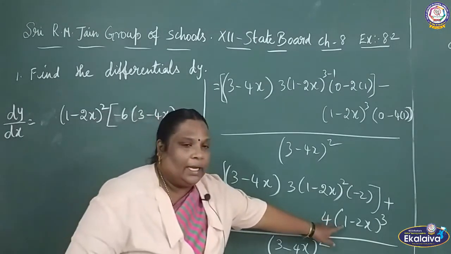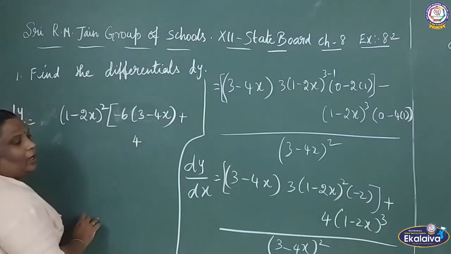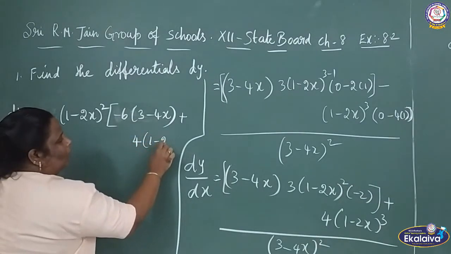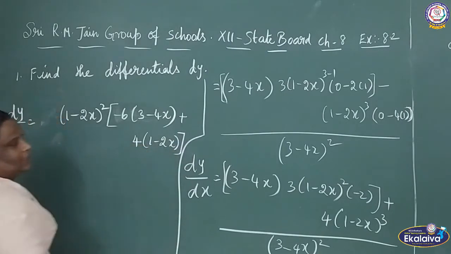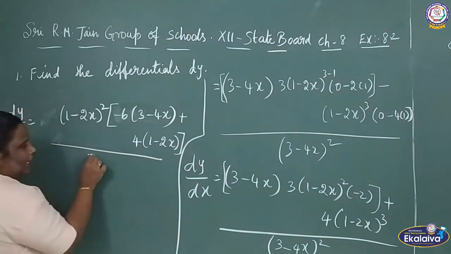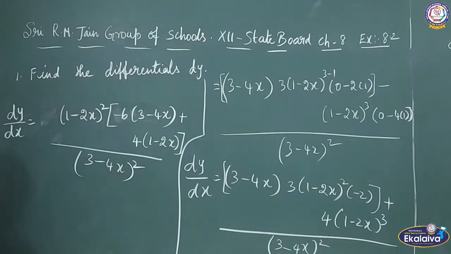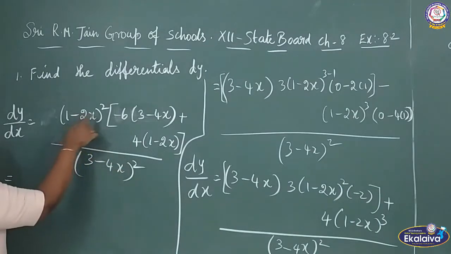Plus, here also you can take (1 minus 2x) the whole square out. I will write it here: 4 into (1 minus 2x) by (3 minus 4x) the whole square. See here, 2 is common.